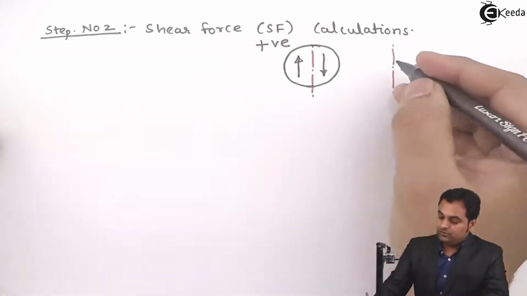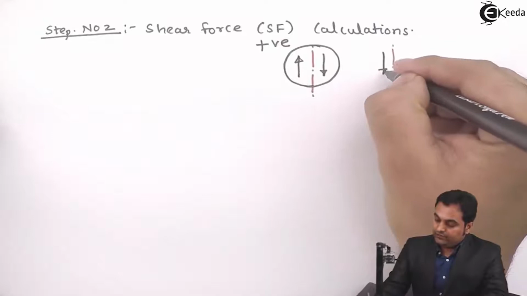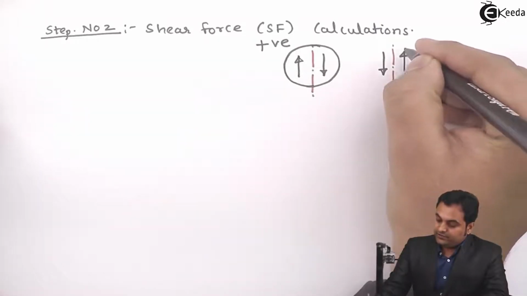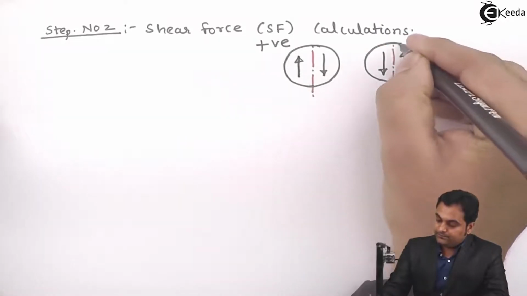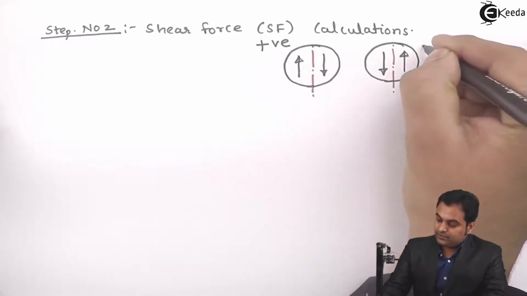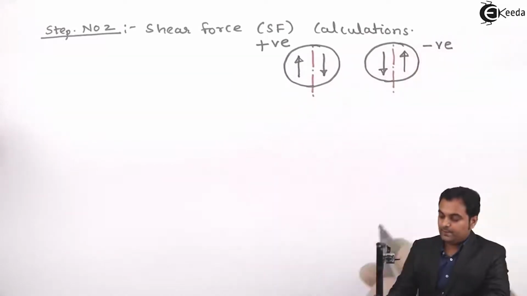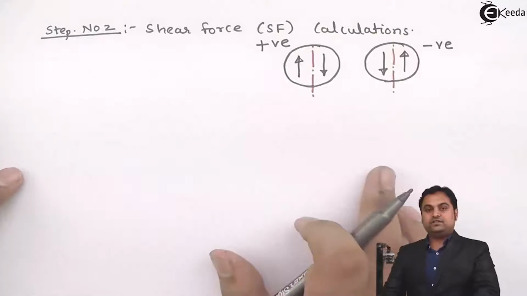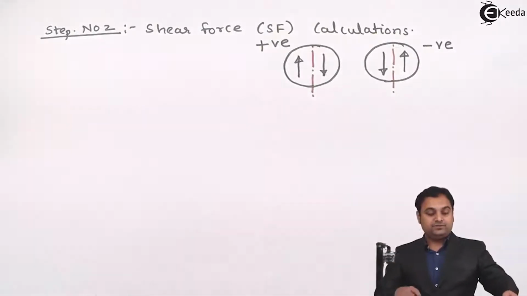Then downward force to the left of the section and upward force to the right of the section are both negative. With the help of these conventions, we'll find the shear forces.